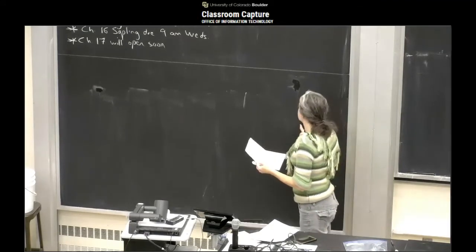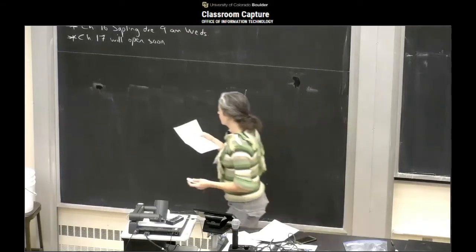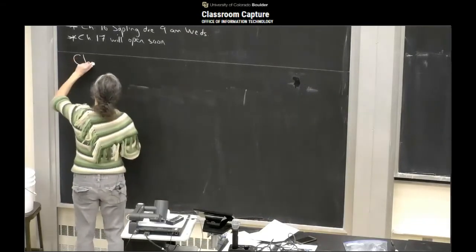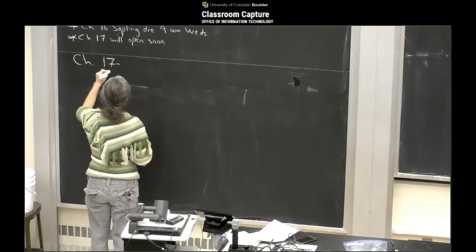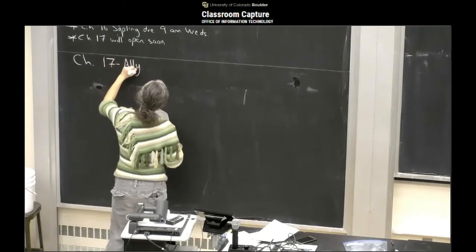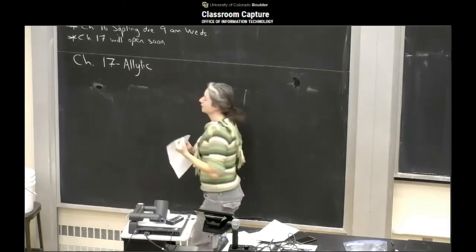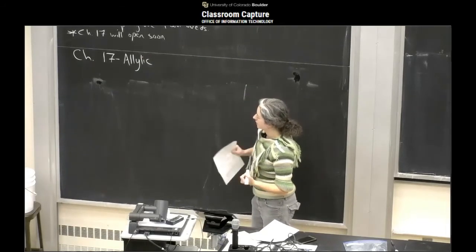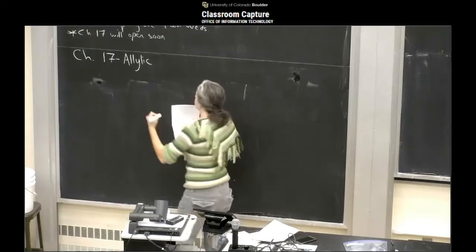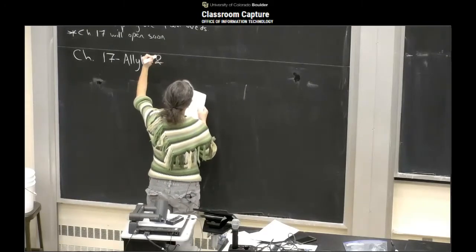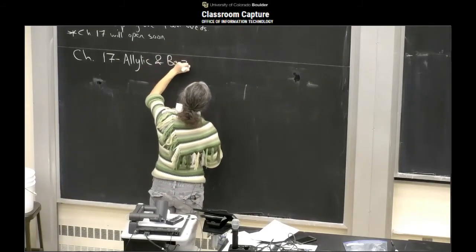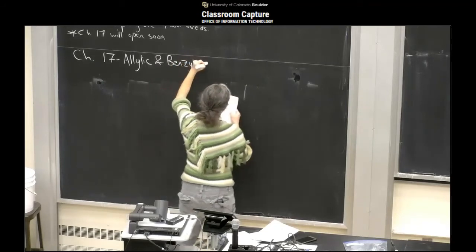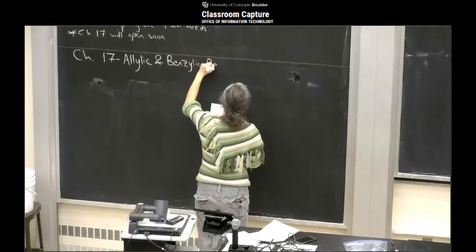Chapter 17 is all about, first off, the allylic position, which we saw a little bit of in the dienes chapter, but now we're going to get more heavily into it, and also something that's similar but a little bit different, and that is benzylic reactivity.